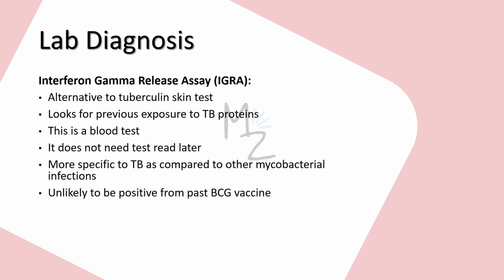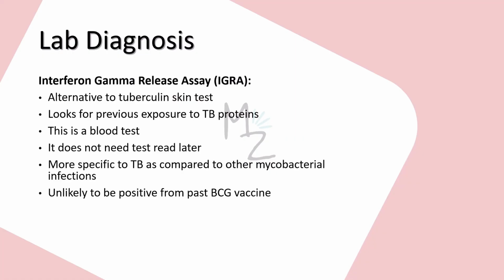There are two versions of this test. Number one, quantiferon TB Gold, and number two, T-spot TB. In interferon gamma release assay, blood cells from the patient are exposed to antigens from Mycobacterium tuberculosis, and the amount of interferon gamma released from the cells is measured.